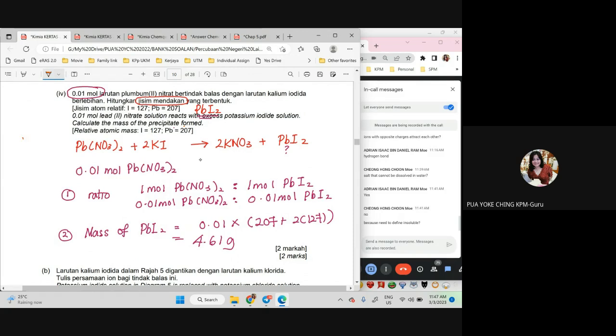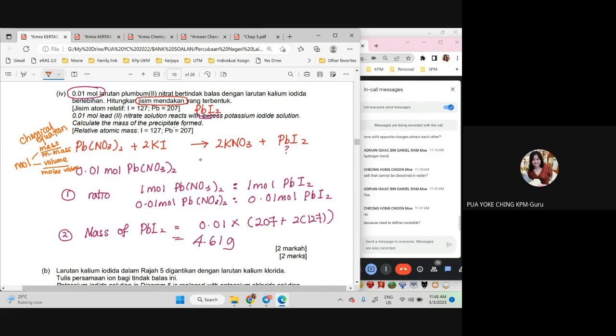Start with chemical equation. And then finding the mole. So mole ada banyak cara boleh kira kalau diberi mass. So mass bahagi molar mass. Kalau bahagi volume, bahagi dengan molar volume.